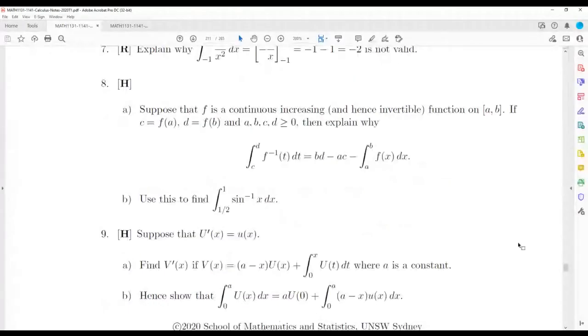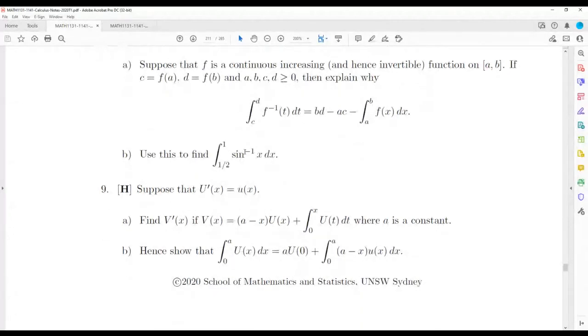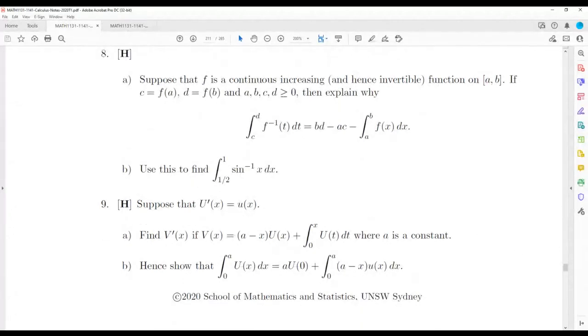Okay, so let's look at another question. Question 8 is an interesting question. Suppose you have a continuous and increasing function on a closed interval.